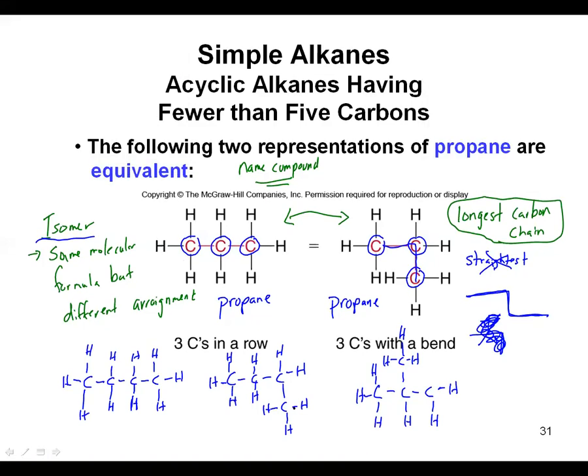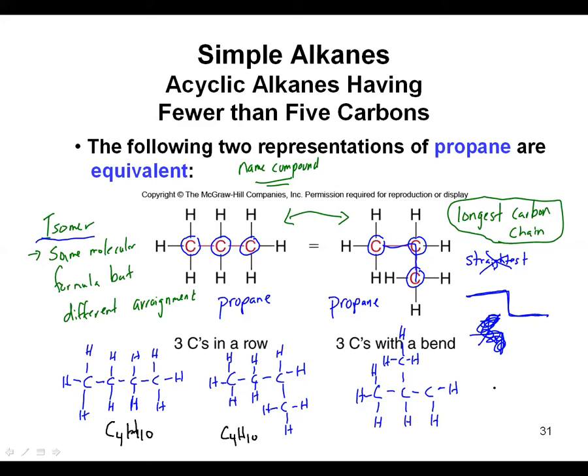Let's first count up how many carbons and hydrogens we have in each of these. This has 1, 2, 3, 4 carbons. It has 10 hydrogens. Let's take a look at this one. It has 1, 2, 3, 4 carbons, and it has 1, 2, 3, 4, 5, 6, 7, 8, 9, 10 hydrogens.